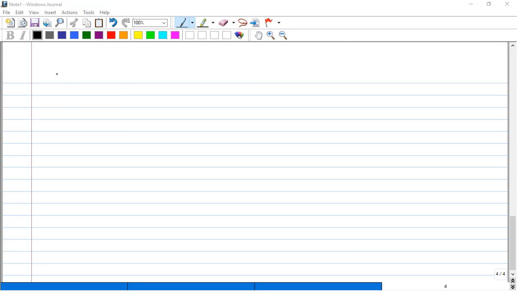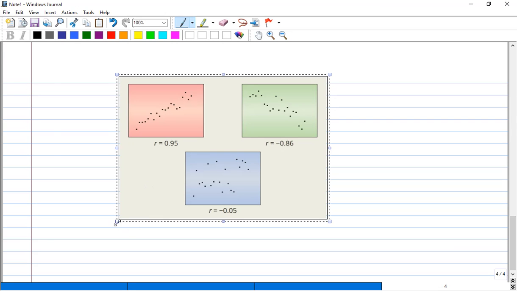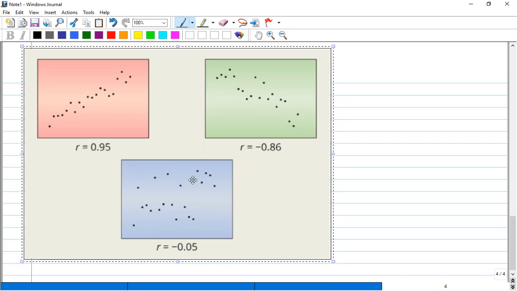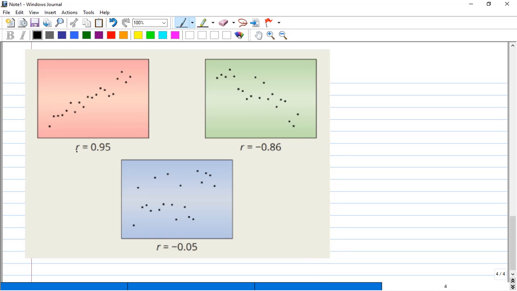This is more points than we had. You can see this R is 0.95. So if I could draw a line through this data, you can see they're tightly fit around this line.